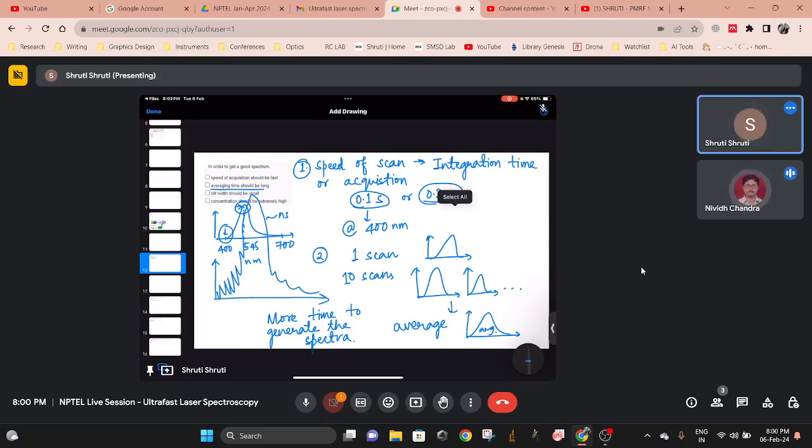So some hit and trial is needed before we finalize. At first, suppose you keep 0.1 second or one scan, then you keep the integration time constant and increase the number of scans, and see whether the data is getting better or not.